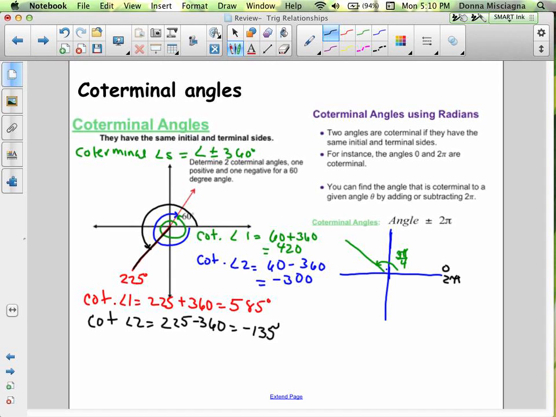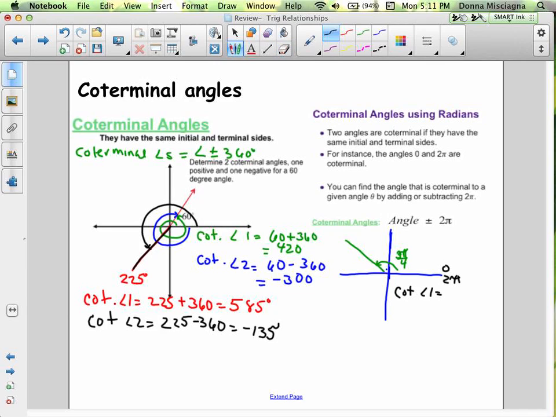I'd like you to graph 3 pi fourths there. Let's find an angle that is positive and coterminal to 3 pi fourths, and one that is negative and coterminal to 3 pi fourths. All right, so here's our first coterminal angle. Let's call it angle number 1.